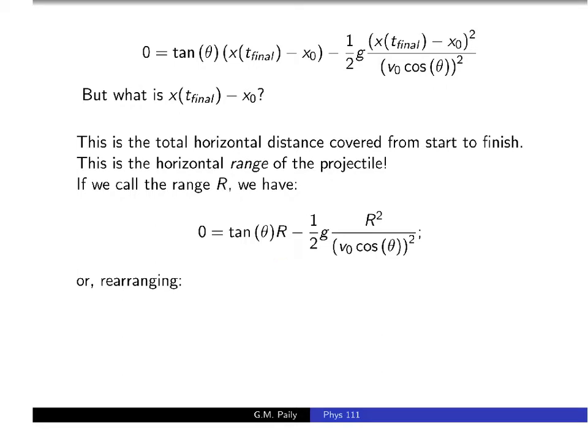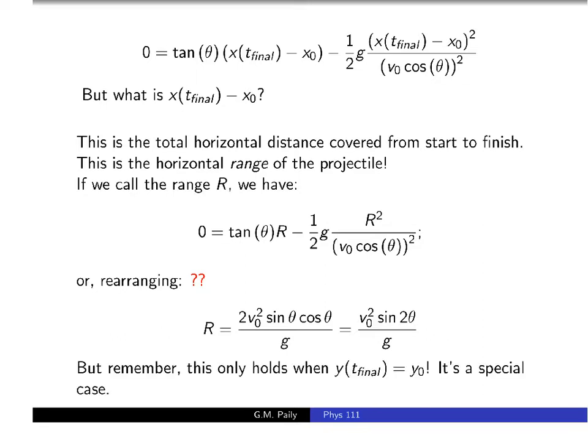And now we can rearrange and solve for r. So, assuming that the launch height and the landing height are the same, we get an expression for the horizontal range. It's really quite simple, and notice that it depends only on three things: the muzzle speed, the launch angle, and the acceleration due to gravity, g. But remember, this is only in the special case where y final equals y naught.